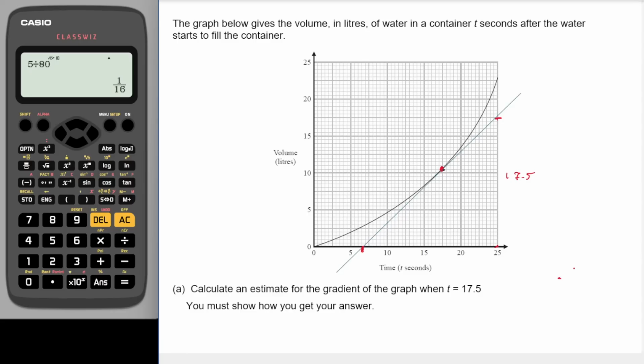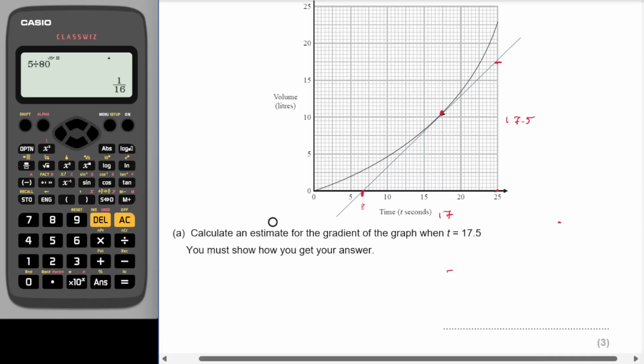Over the change in x, which is going to be 5, 10, 15, and then that looks like 2, 4, 6, 8, so 17. So the gradient is going to be 17.5 divided by 17.